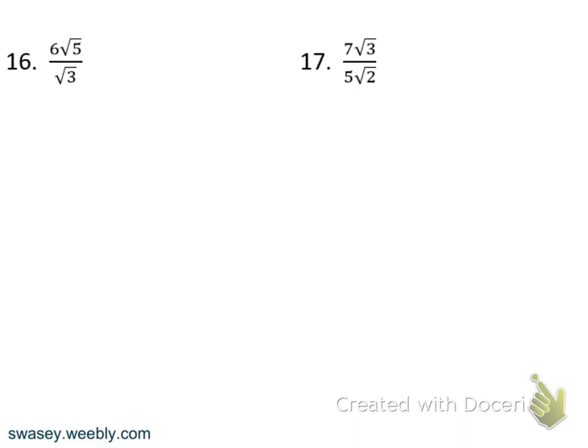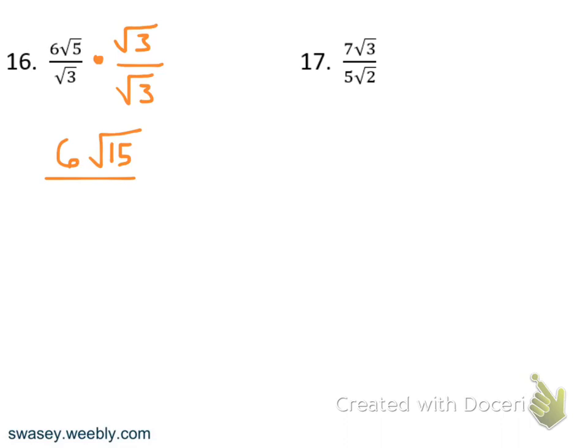All right, here we've got fractions. On fractions, when we have a radical in the denominator, it's not simplified. We need to get rid of the radical in the denominator. So we're going to multiply the top and the bottom by root 3. And just watch what happens. So 6 times 1 is 6, root 5 times root 3 is root 15.